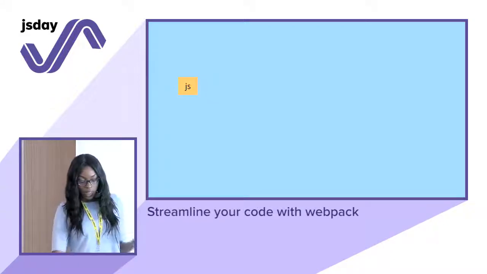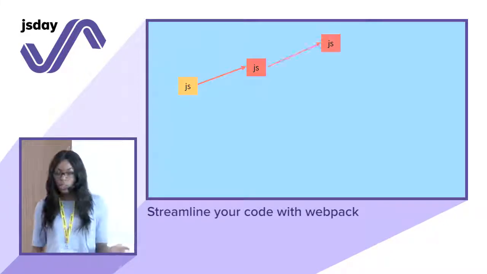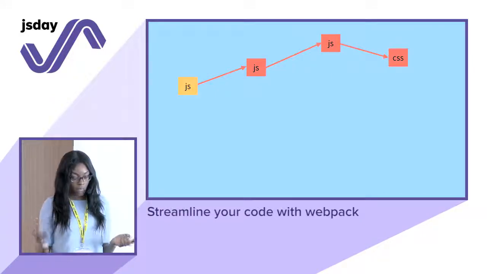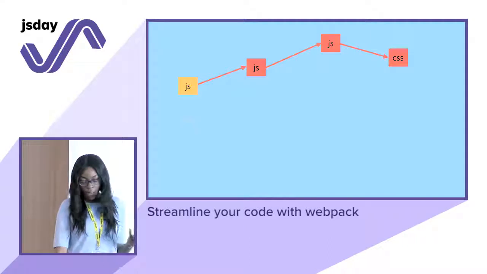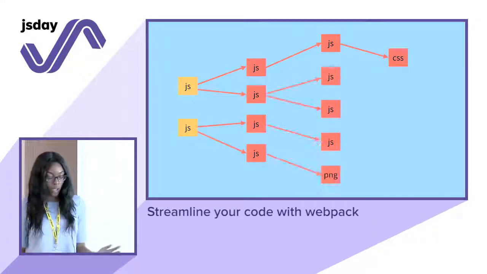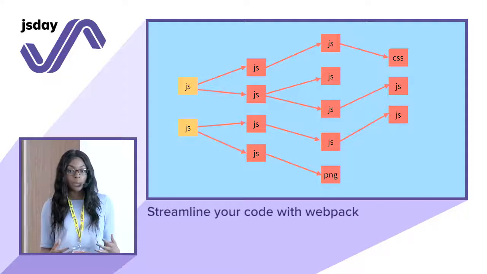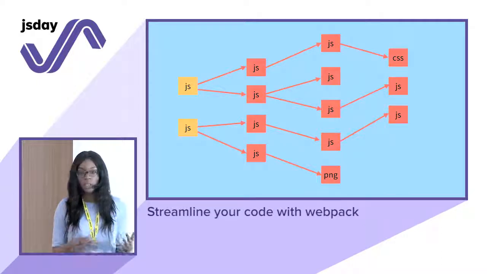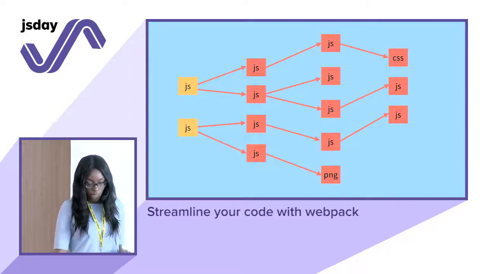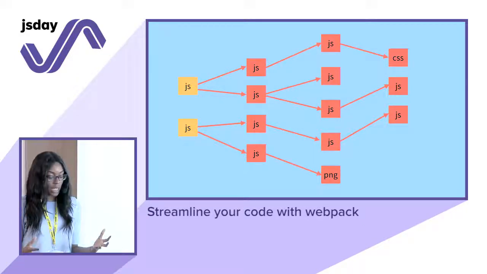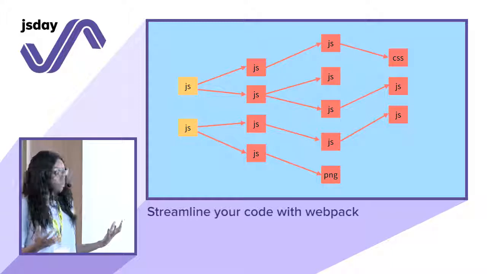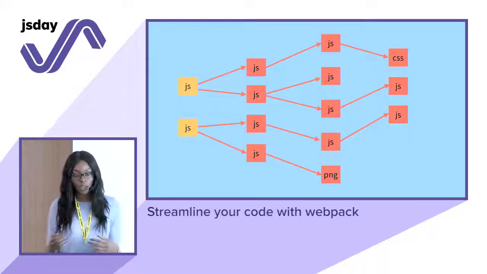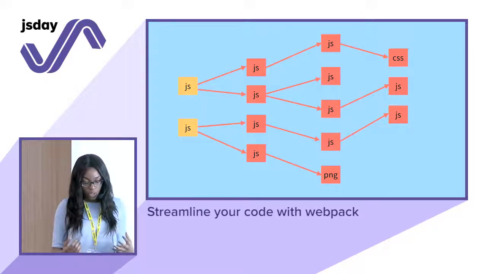So let's say a JavaScript file imports another JavaScript file, which goes on to import another one and might import some CSS. And Webpack, like I said, can work with any type of file that you give it, as long as you've told it what to do with the files using your different loaders and in the rules. And essentially, the dependency graph is a huge blob of JSON with loads of information about every module that it comes across in your application and how it should treat it.